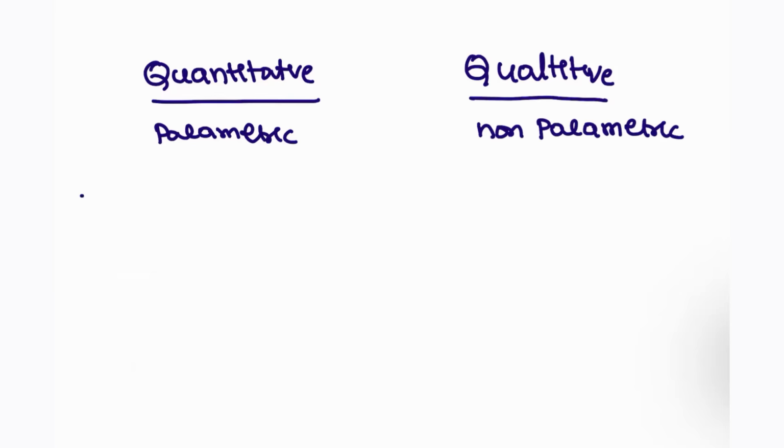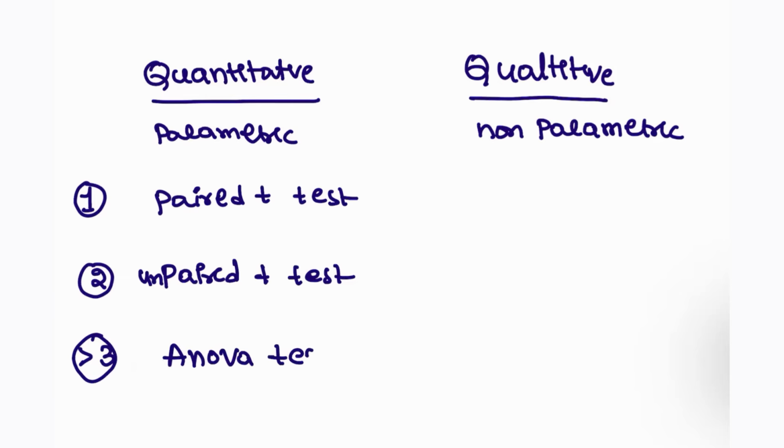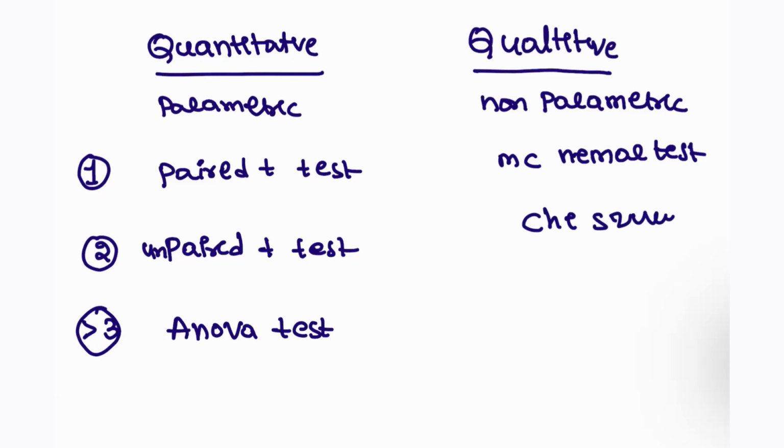If you are comparing only one group, then it is the paired t-test. If it is two groups, then it is the unpaired t-test. If it is more than 3 groups, then it is the ANOVA test. And non-parametric tests have different names, like the McNemar test and the chi-square test.